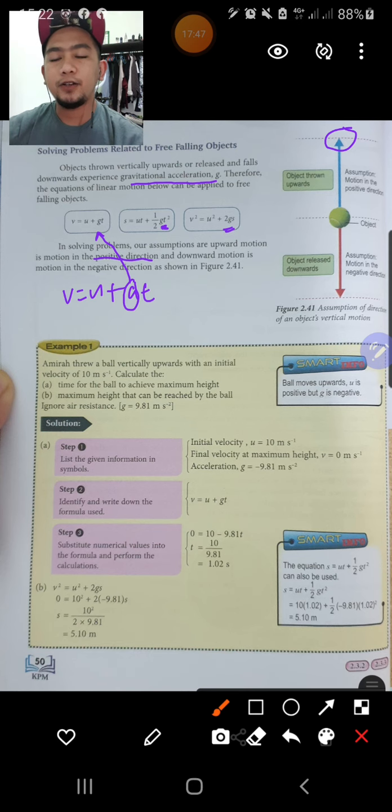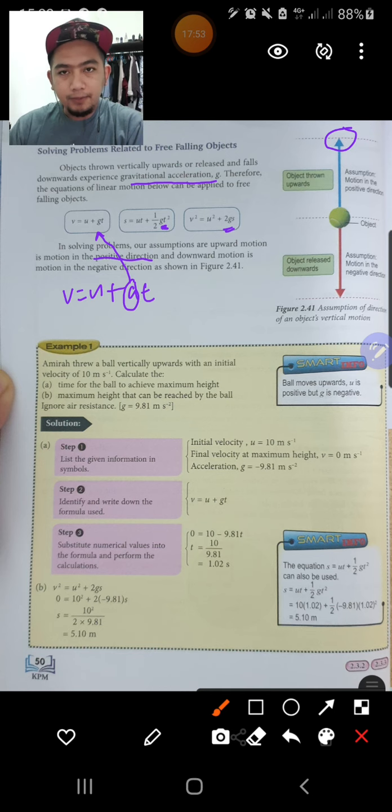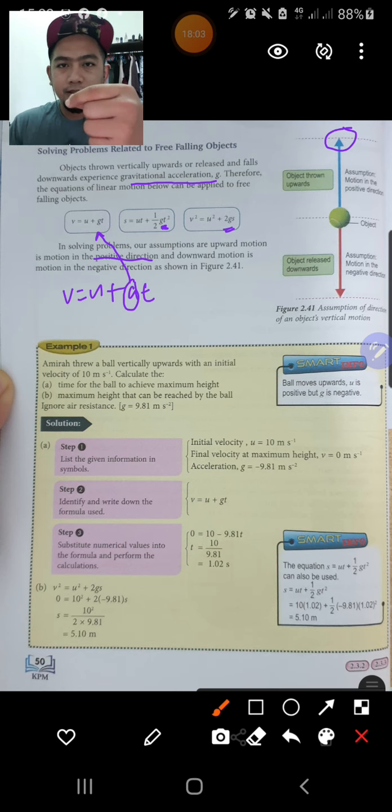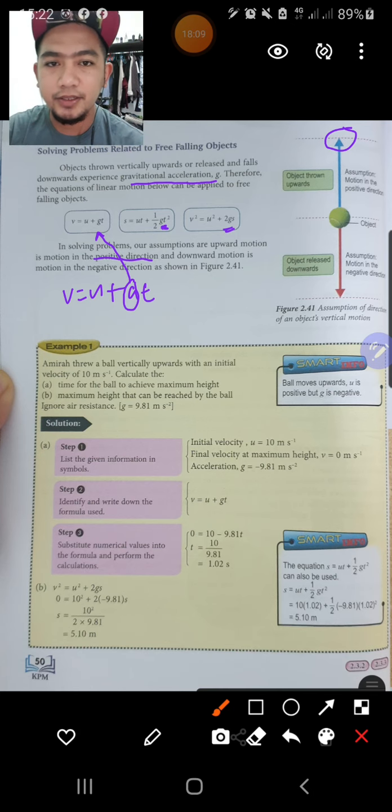If we consider the displacement, when we throw an object upwards, its displacement is positive, but when the object is falling down, the displacement becomes negative to show the direction.